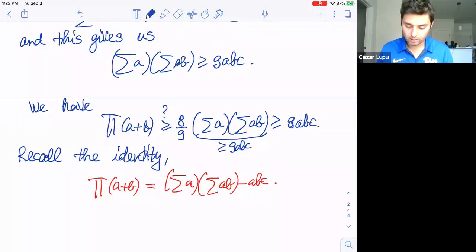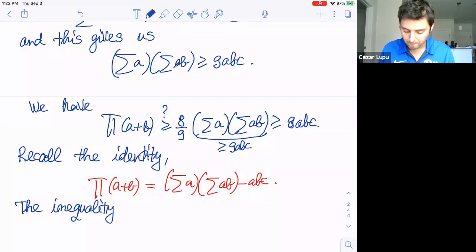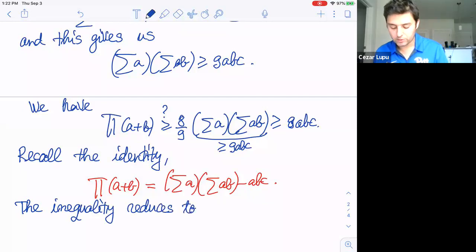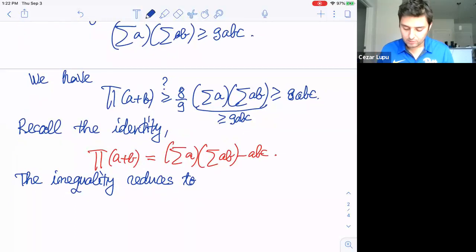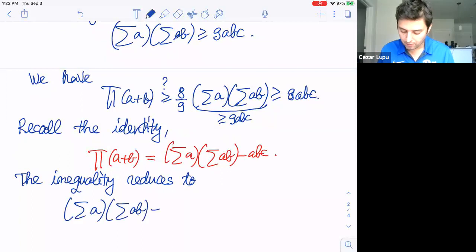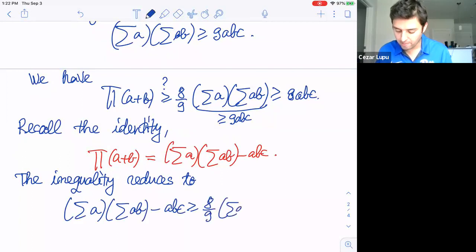So the inequality reduces to, and you will see what it will reduce to, the sum of A times the sum of AB minus ABC is greater or equal than 8/9 the sum of A, the sum of AB.